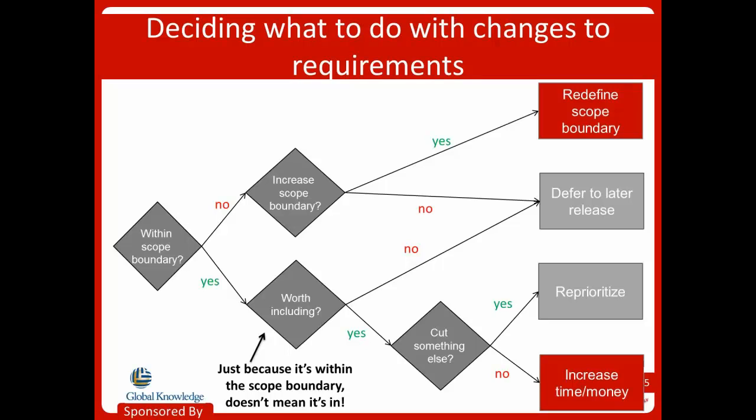Right, so in summary, even though you have a new proposed requirement that might fall within your scope boundary, it might push less important or valuable requirements out of scope. Newly proposed requirements might also fall out of scope. They could also be important enough to widen that scope, to broaden the scope of what we're trying to develop, right? So none of these paths are necessarily obvious.